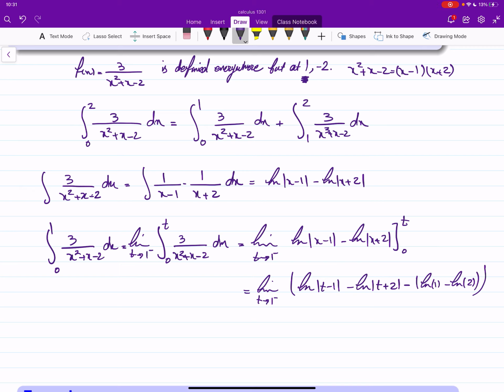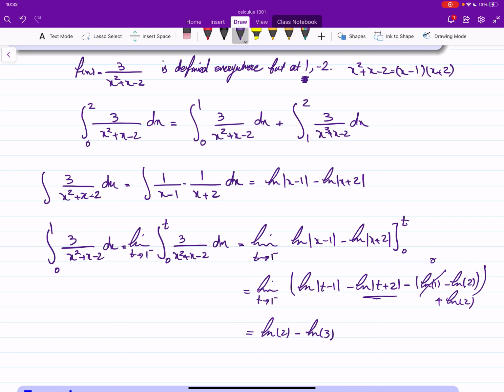So when you find the limit, the value at 0 gives plus ln 2, no problem there. As t goes to 1, the second term will be ln 3, so we have ln 2 minus ln 3.